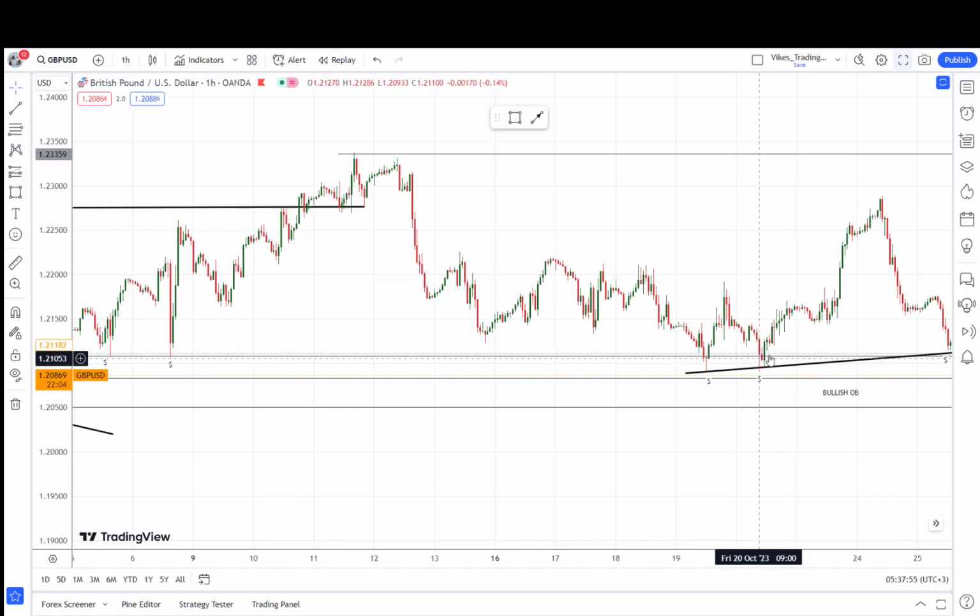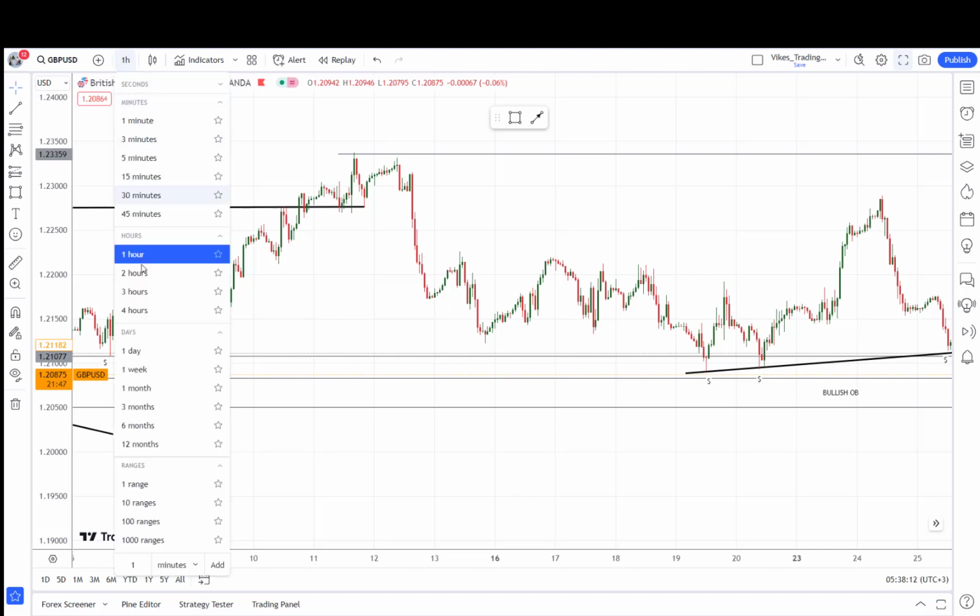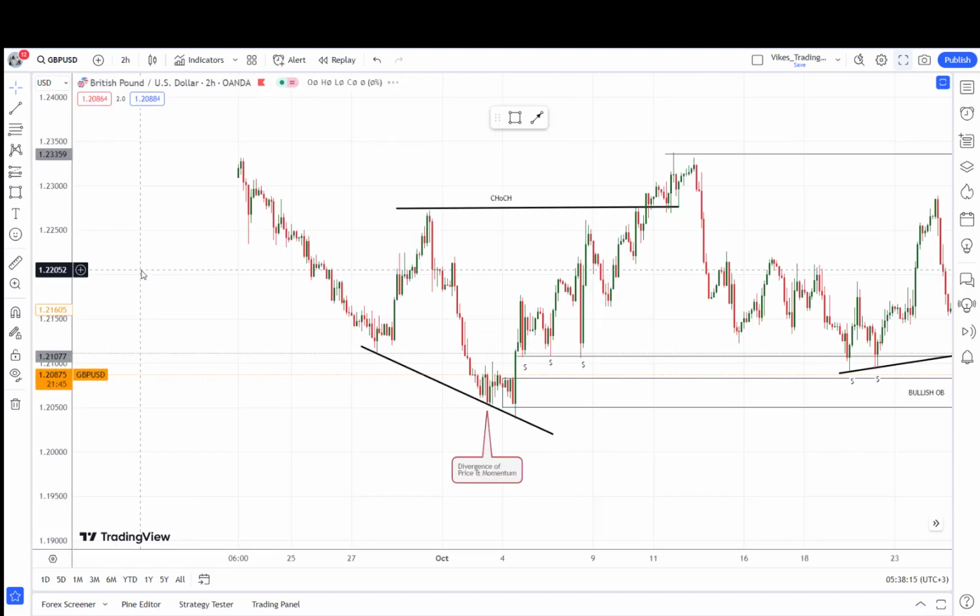So for the people who took advantage of a long position around here and took their take profit at the significant higher highs, the recent highs, they took some good RR. But anyway, my interest was the OB, the bullish OB.